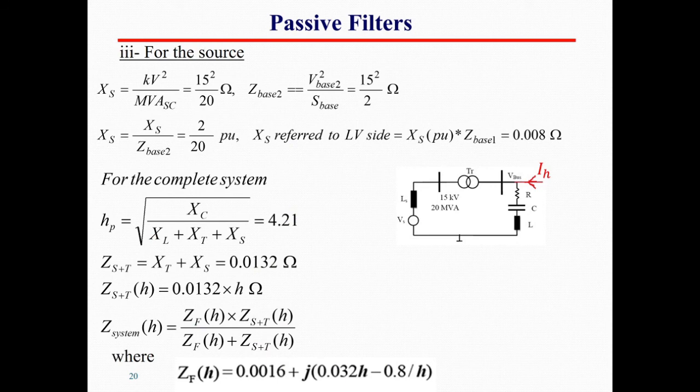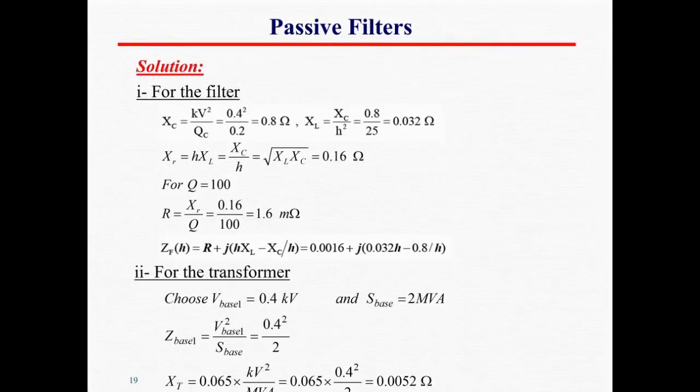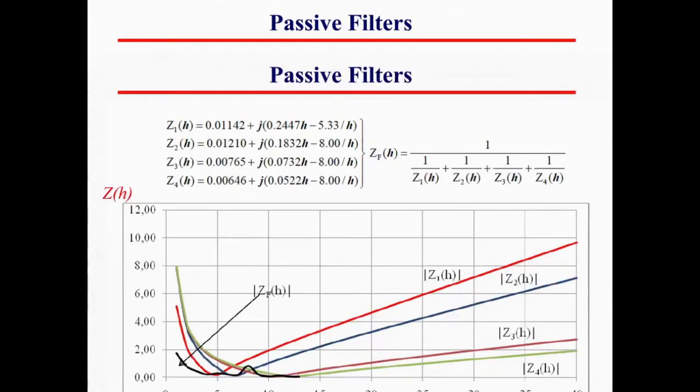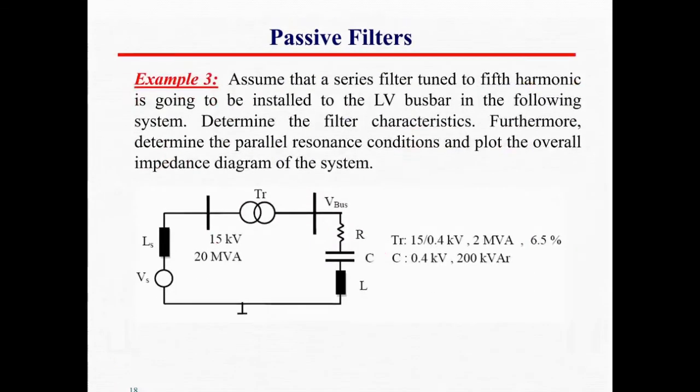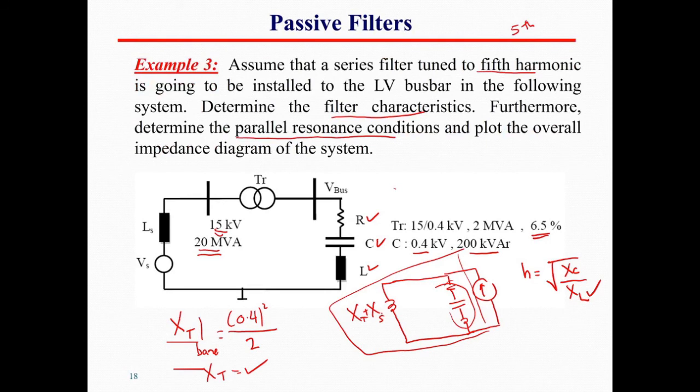So over here, if we would like to find the harmonic order for the parallel circuit, as we said, we have XT, XS in parallel with the filter, right?